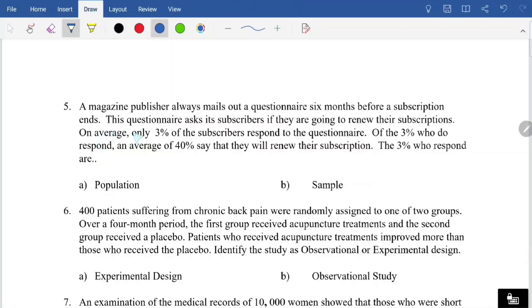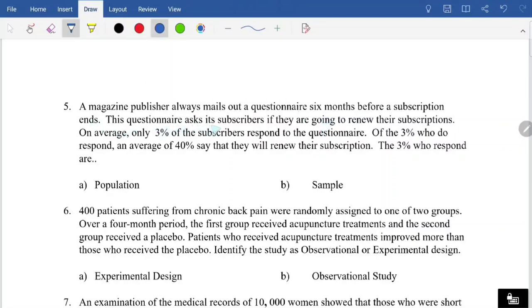So keep in mind, they are not sending out the questionnaire to all their subscribers, only to those subscribers whose subscription is going to end in the next 6 months. So that itself tells you that it's not the entire population. They're sending the questionnaire to certain subscribers whose subscription is going to expire in 6 months.